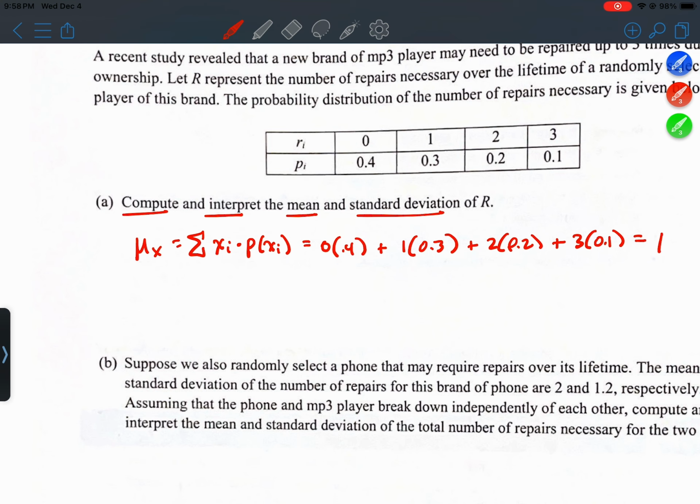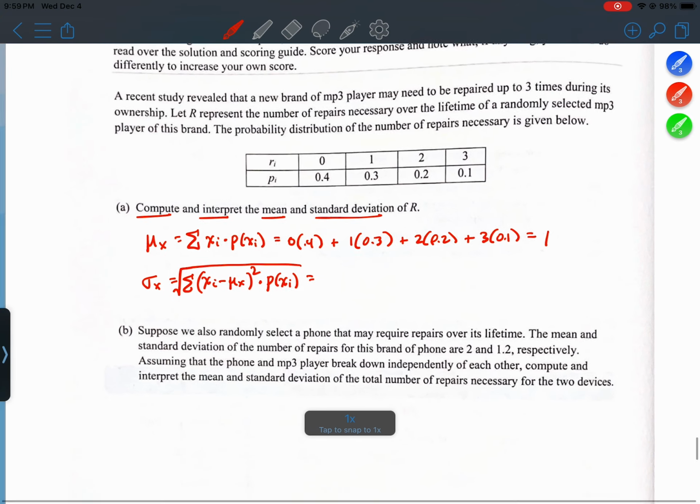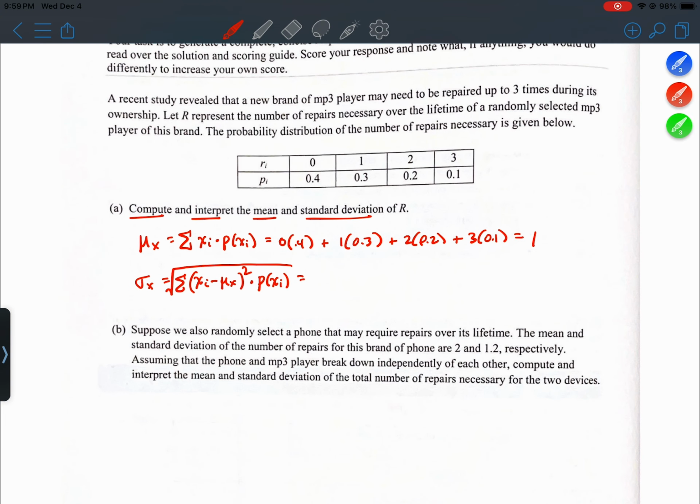All right, so the standard deviation of X, here's the formula. You take each value, you subtract its mean, you square it, you multiply it by the corresponding probability, you add it all up, and then you take a square root. Now, this is an FRQ question. Just to be on the safe side, I'm going to try to show a bit of work, but secretly I'm going to use my calculator to get the answer.